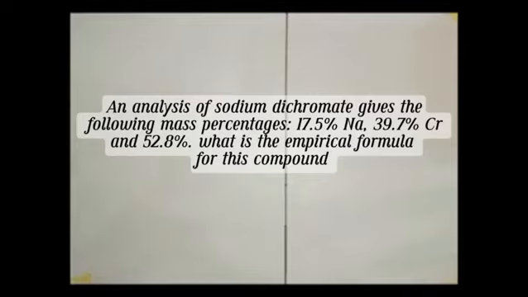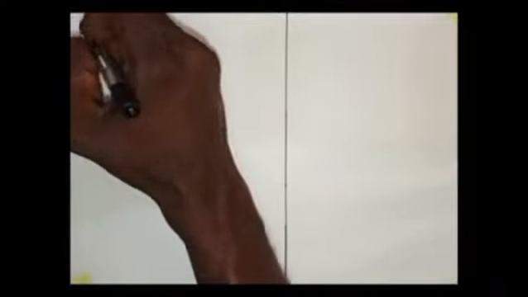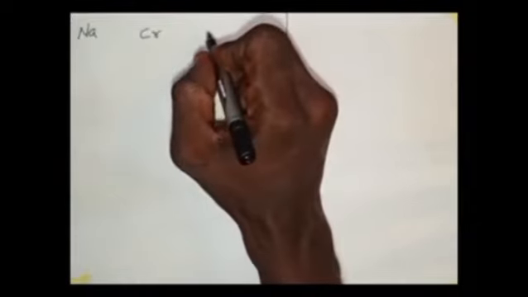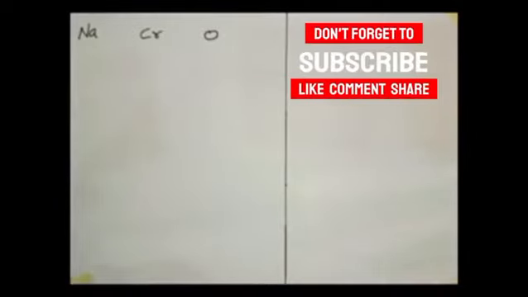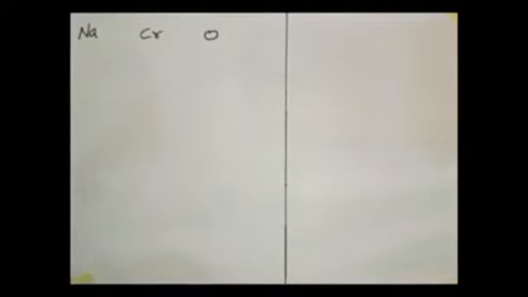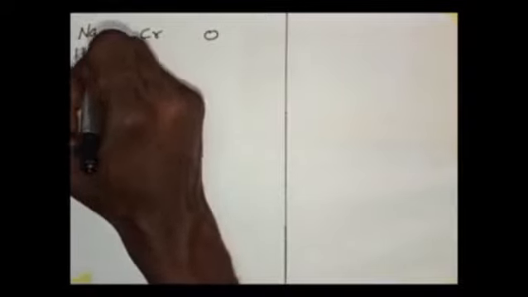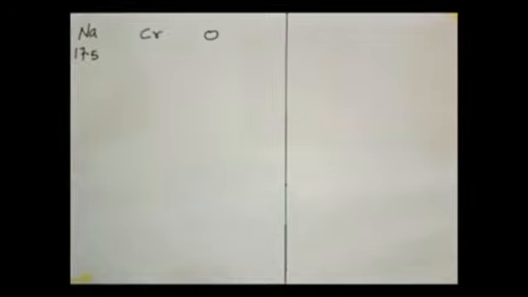So we are going to solve the problem just like this. So we have sodium, Na, we have chromium, Cr, and we have oxygen, O. So these are the 3 elements under consideration. So the percentage of sodium given here is 17.5. What is the percentage of chromium?